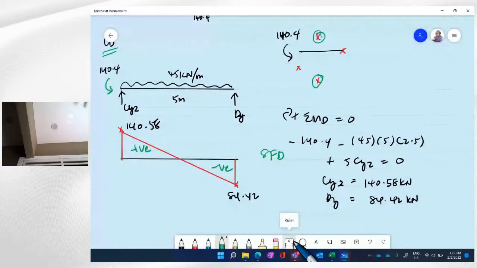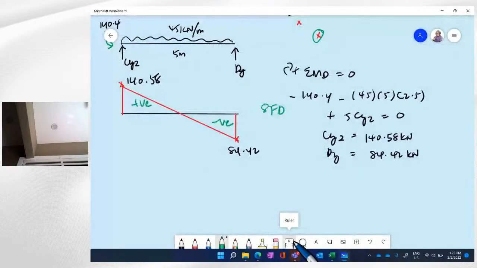Okay, and using this, we have to identify, of course, this distance and this distance.